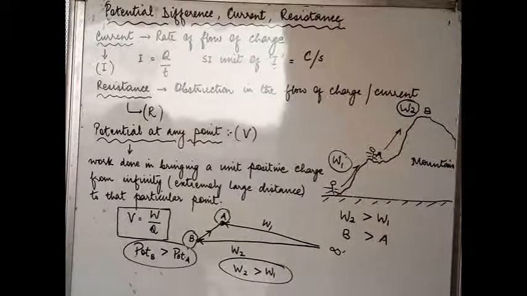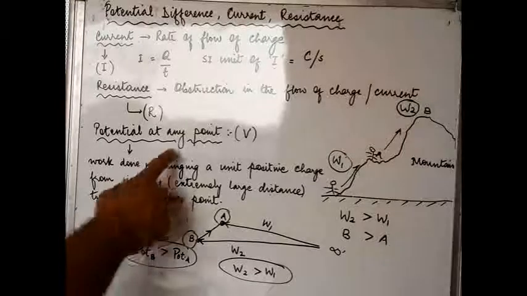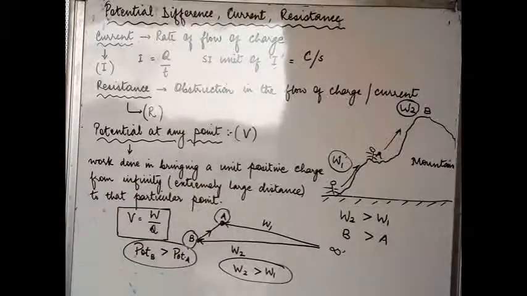But as of now, I hope you have understood the word potential at any given point. Potential at any given point is the amount of work that you will have to do to bring a unit positive charge from a very far off distance to that particular point. If you change the point, the potential will change. Okay, so if you go by this definition, there will be a formula.